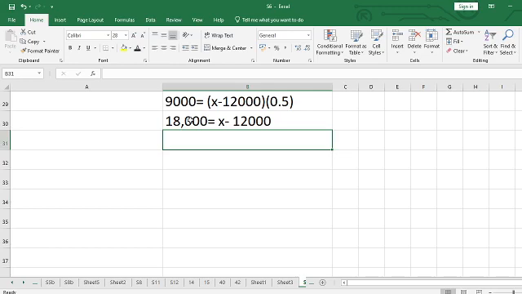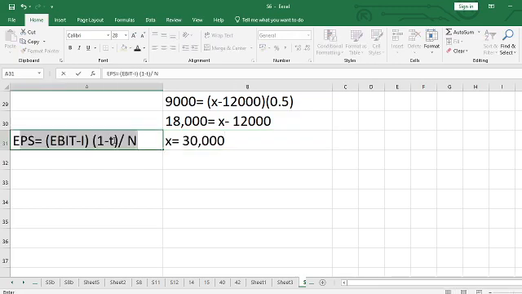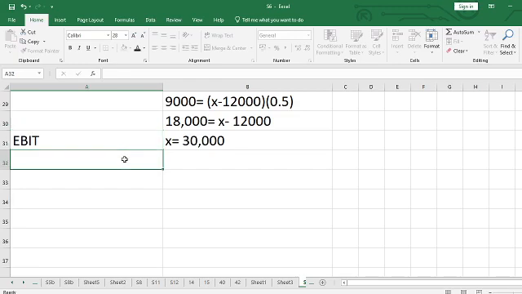Finally, X is equal to 18,000 plus 12,000, so that will give you 30,000. So ultimately the EBIT is 30,000 when EPS is rupee 1.